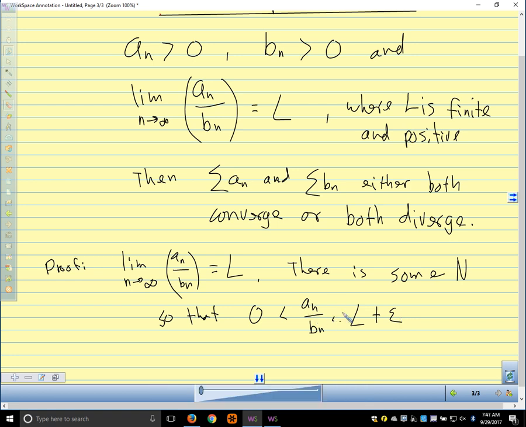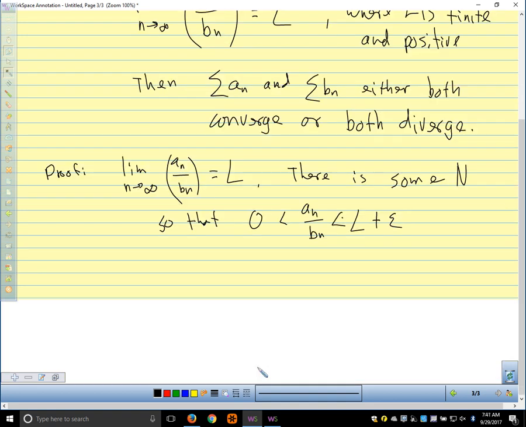Just some number. The definition of limit says eventually we're going to be close to this limit, and this is for n greater than or equal to N.